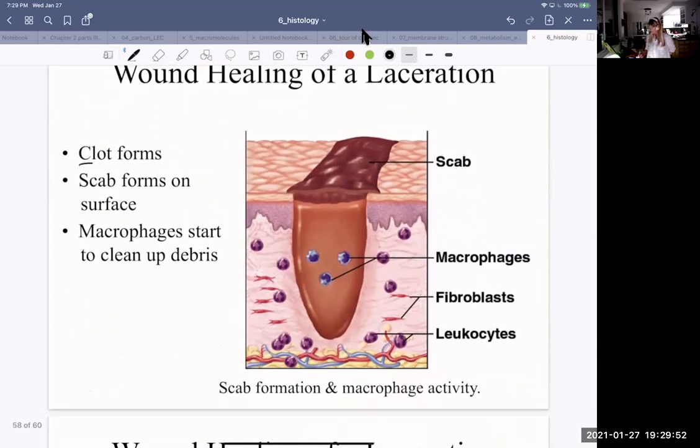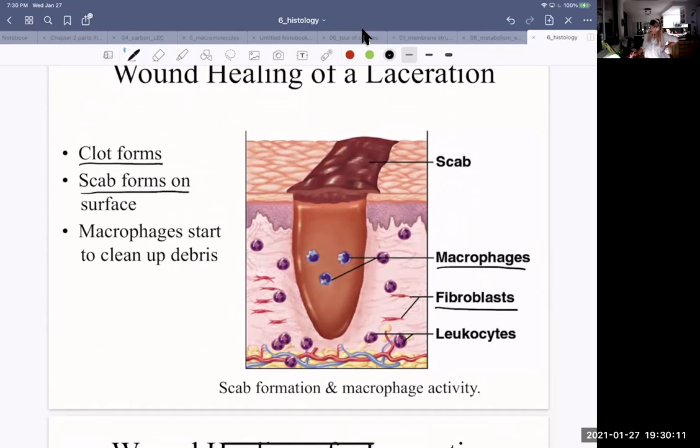A clot forms. So the blood clots, it coagulates. That will form a scab on the surface. And inside, macrophages will start to clean up the debris from the injury.